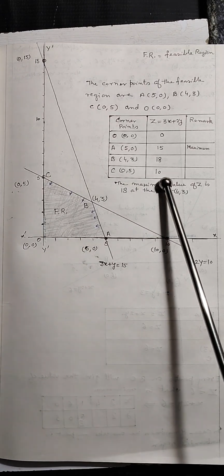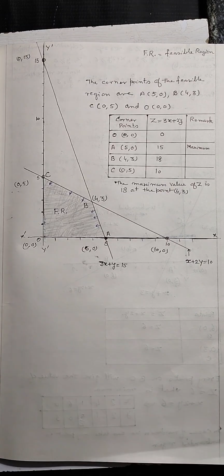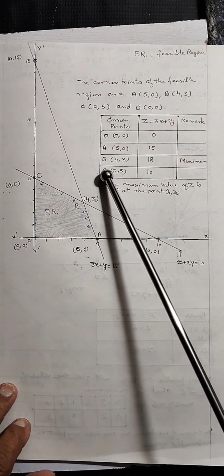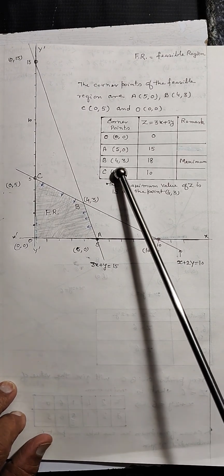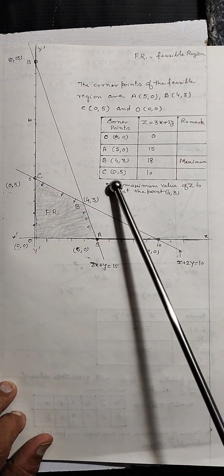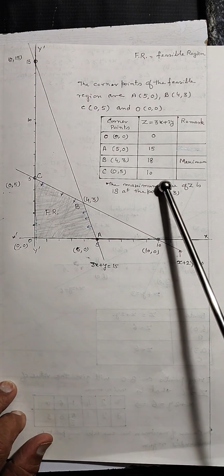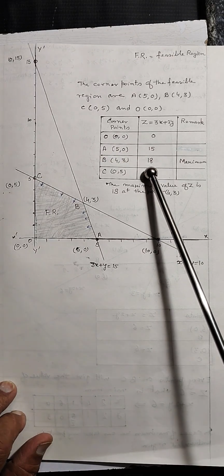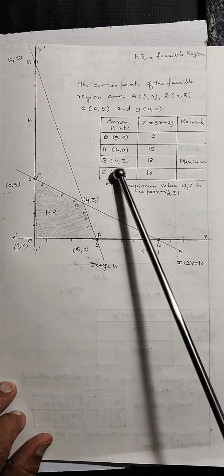So if you put B, that is 4, 3, here you will get the value of Z, that is 18. If you put 0, 5, you will get 10. So the maximum objective which we are going to achieve is 18 at the point 4, 3.